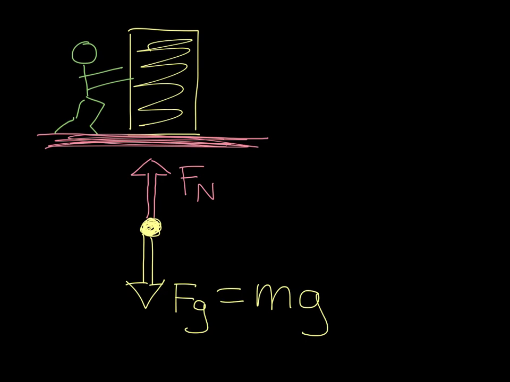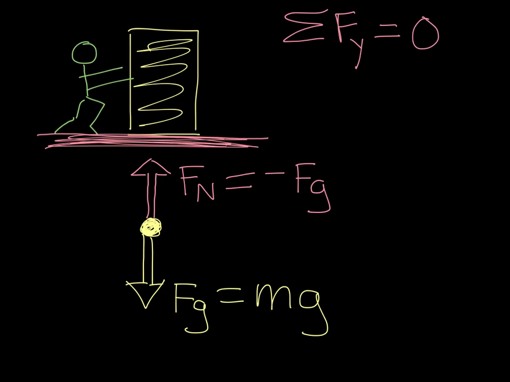So our normal force should be equal in size and opposite in direction to our weight, Fg. Those should be balanced, which means the sum of the forces in the y direction should equal 0 newtons. Those should be in equilibrium.